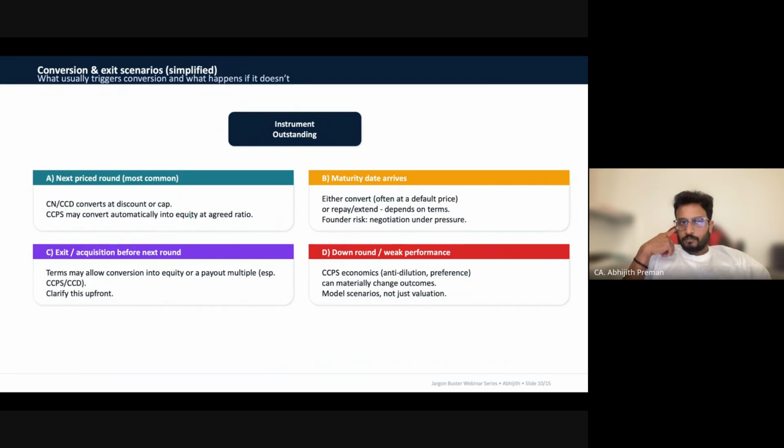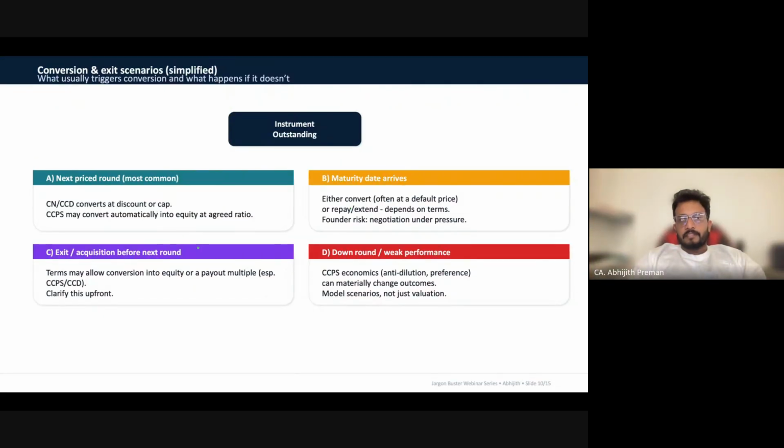There can be ratios like that. This is the common scenario where conversion happens. Then the maturity date arrives. There will be a maturity period, say 5 years, and at that time you'll have to convert. So these are the conversion scenarios.